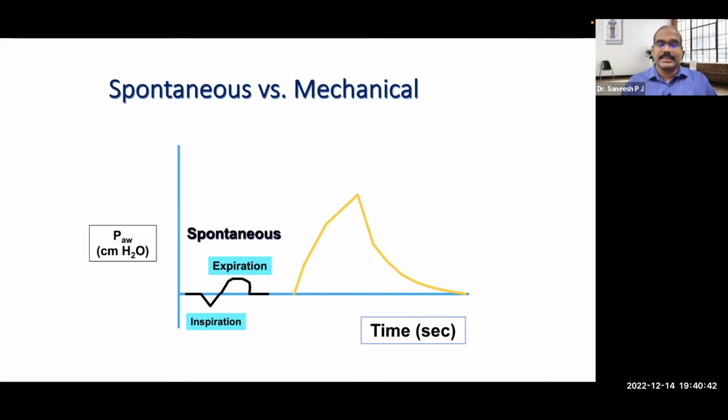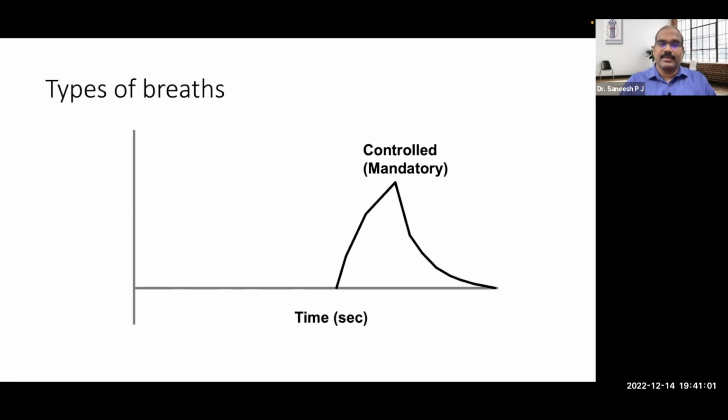Okay, so this is another comparison between a spontaneous breath and a mechanical breath. One is a negative pressure breath, the second is a positive pressure breath. This is what we have described as controlled or mandatory breaths, where the machine starts the breath. The trigger is by the machine, maybe a time-triggered breath. It goes, and during cycling, it goes to the exhalation phase.